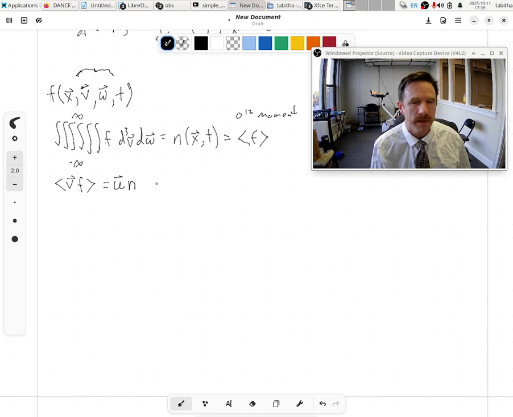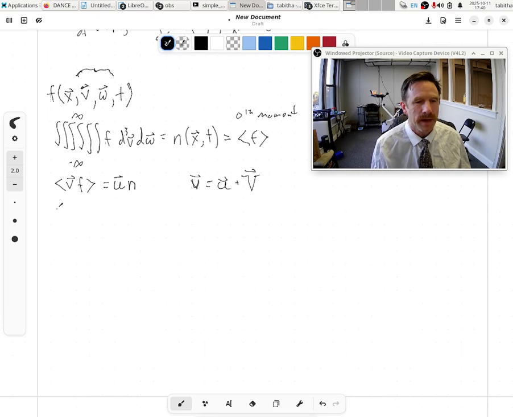And this enables us to write the velocity of an individual gyron, v, as a sum of the bulk velocity and a peculiar velocity, which is useful. And again, this is all ancient fluid mechanics here. There's nothing new going on.